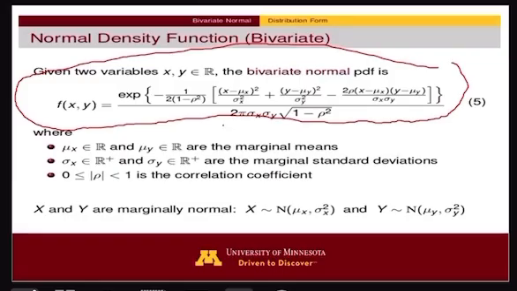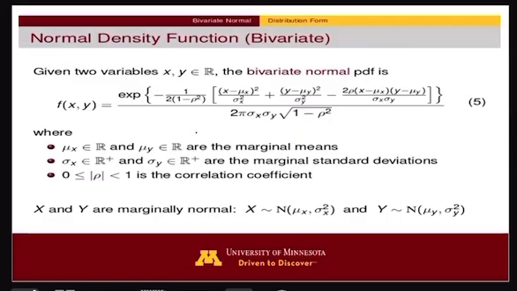Now, in this case, you're going to have the mean of x, the mean of y, the variance of x, and the variance of y. If the variance of x and the variance of y exist, then we're also going to have the standard deviation for x and y.